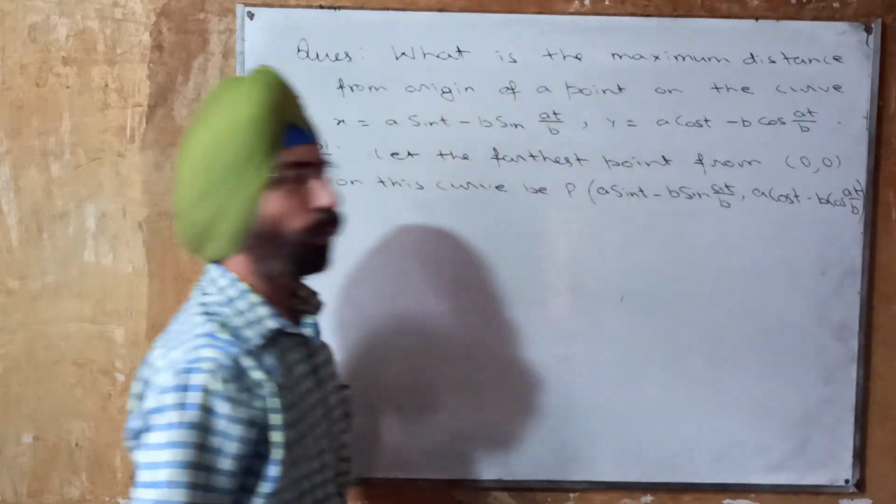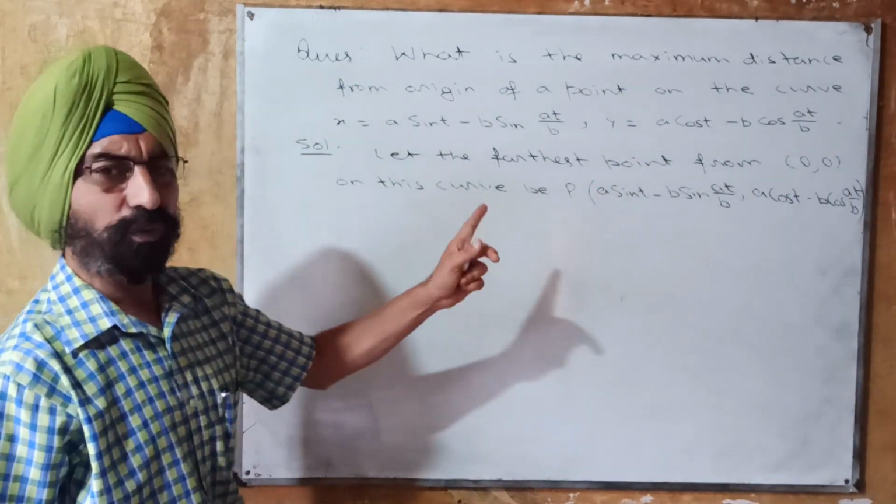This will be the coordinates of the point P, and we have to find the farthest distance.